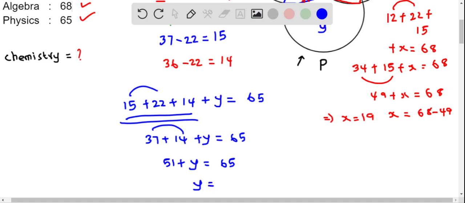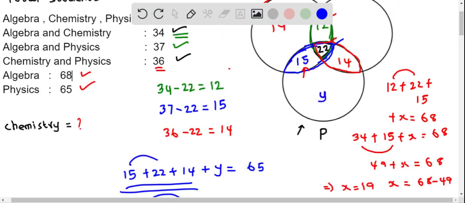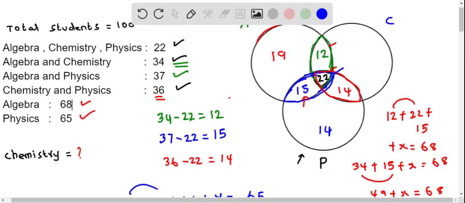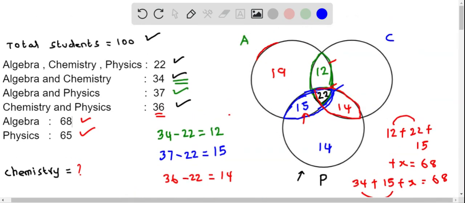Therefore, y equals 65 minus 51, which is 14. So we replace y by 14, and this gives the number of students who have taken only physics.